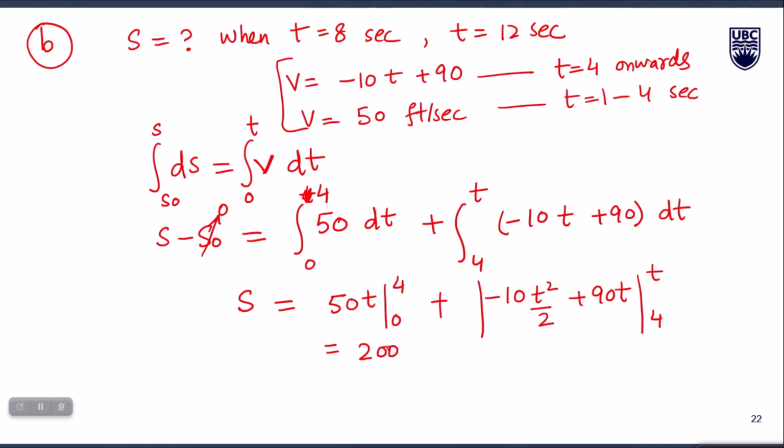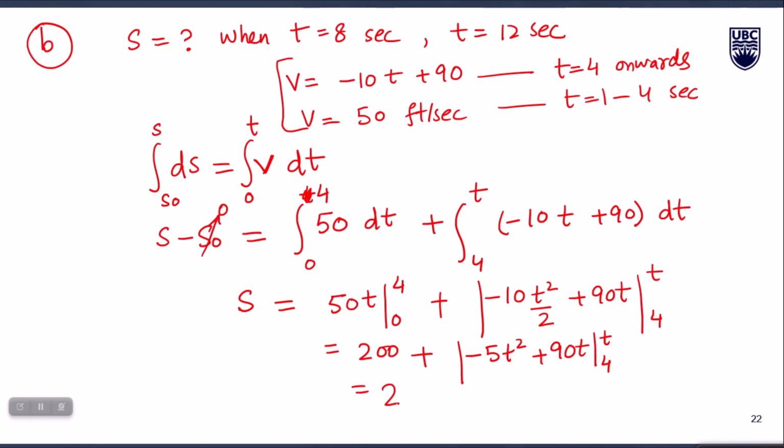When you apply the limit, you will be simply multiplying 50 with 4, plus this thing. Let's see what this becomes. This will become minus 5t square plus 90t, and the limit is from 4 to t.